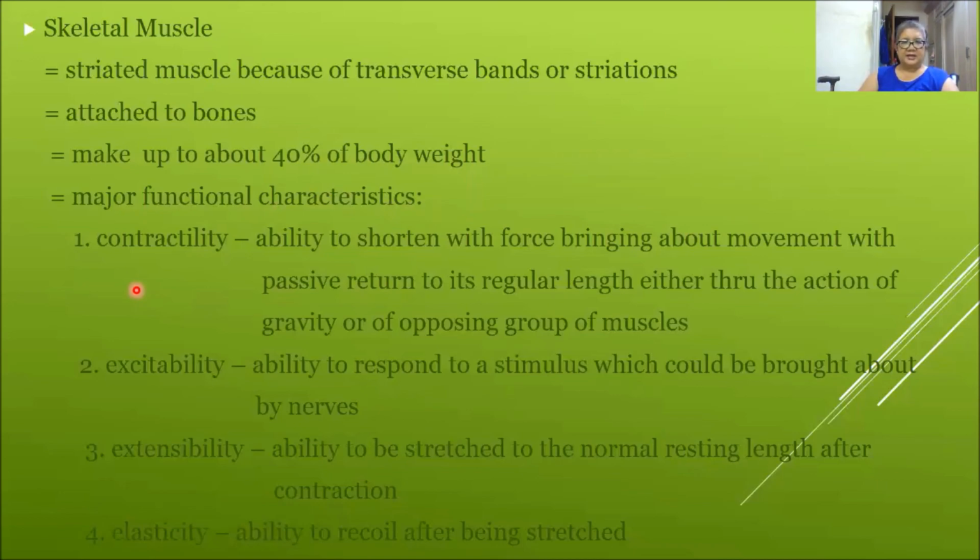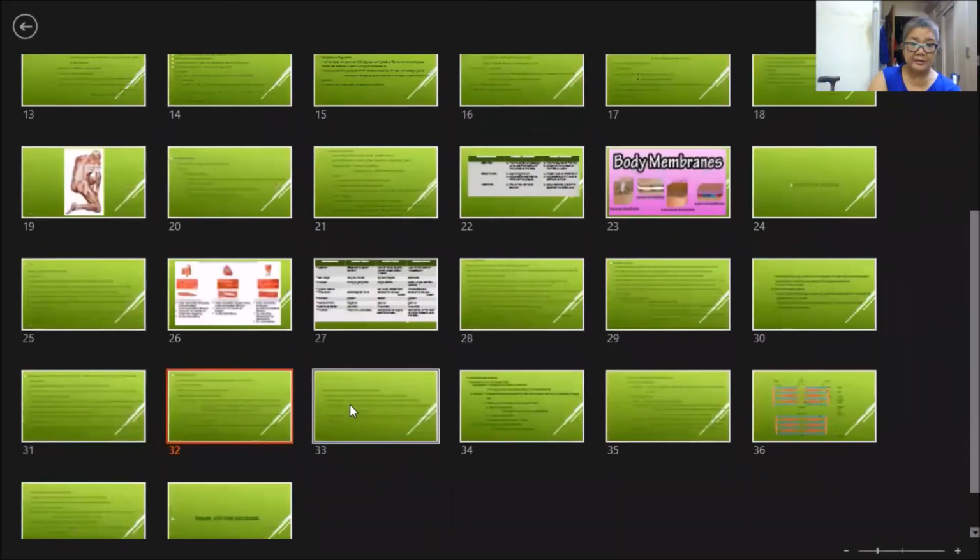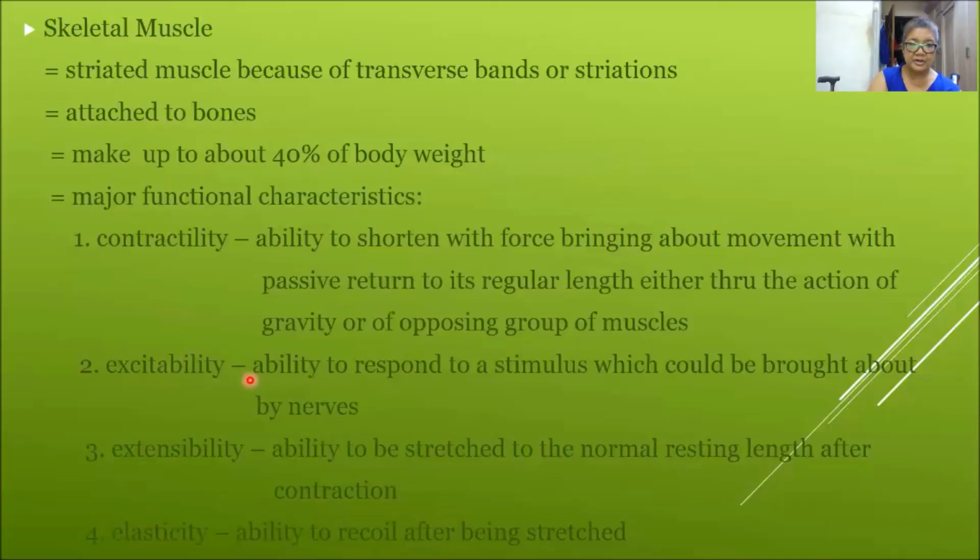Another characteristic is your excitability. It is the ability to respond to a stimulus which could be brought about by the nerve. So the signal will be innervated by the nerve. Then another function is your extensibility.